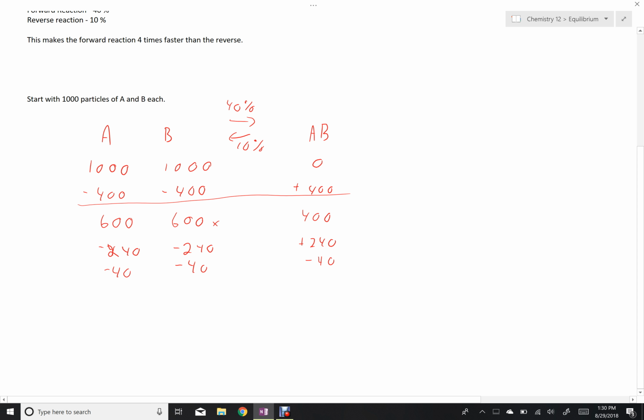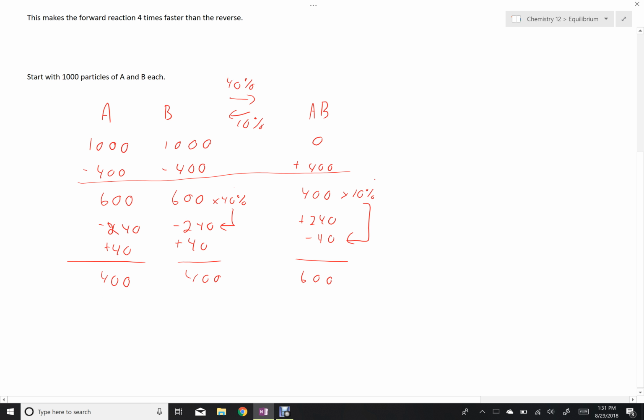So we're getting times 40% here to give us this number, and we're getting times 10% here to give us that number. 40% of these particles will go forward, 10% of these particles will come back. This one is 4 times faster than this one. So 600 down 240, up 40 will be 400 in the next instant. And this guy will be up 240, down 40, so we're up to 600.